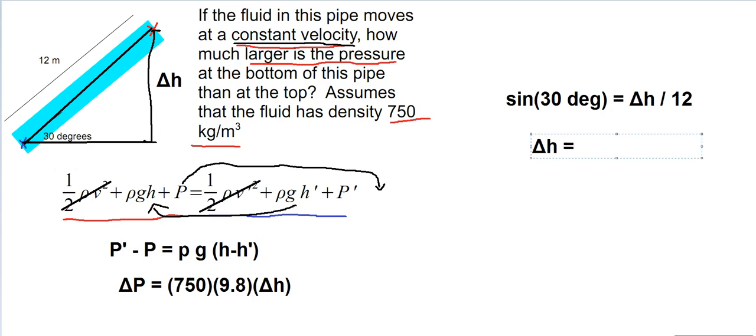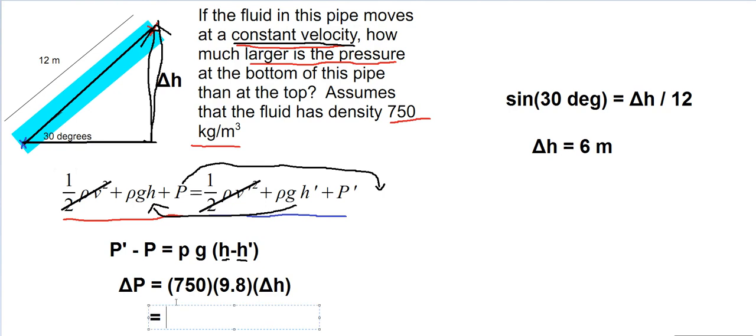If you do so, again, just make sure to do your trigonometry properly. And what you'll get here is a vertical displacement of 6 meters. The reason why it's positive 6 here is because we've done h prime minus h. Our delta h here is upwards, or positive. So what that means is we can put this in.